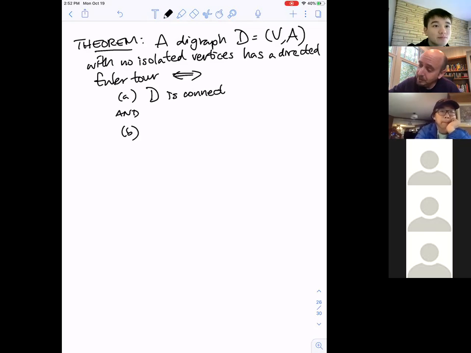It's also connected in the directed sense, actually. Connected in the undirected sense. Let me explain what I mean by that.